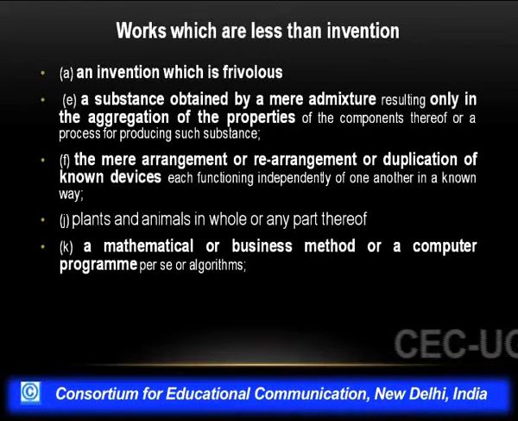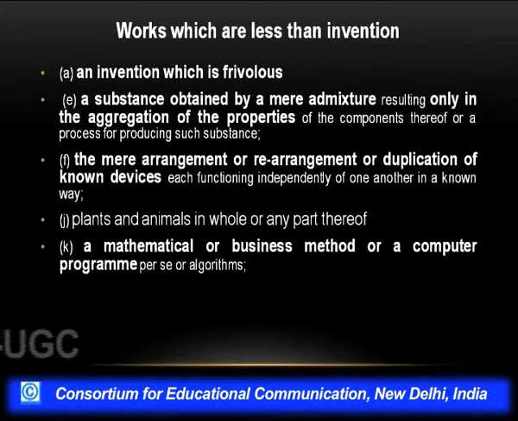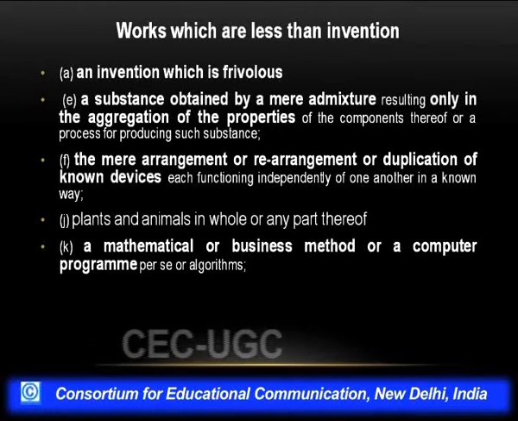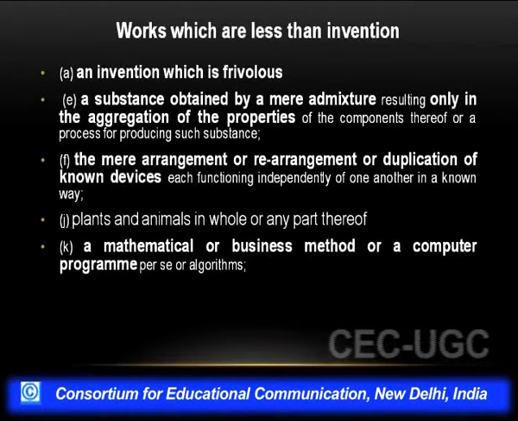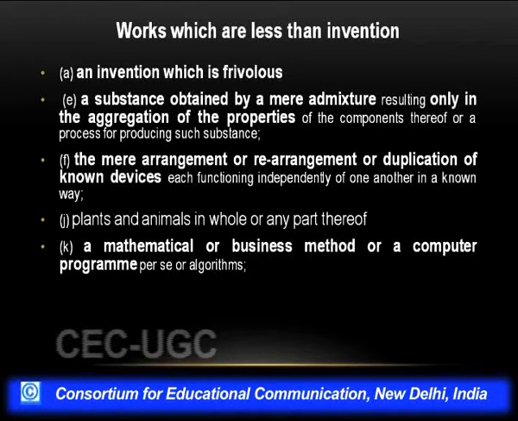So this clause excludes computer programs per se from patent protection, but by using the word per se, it seems that some sort of computer programming can be given patent protection, except that computer program which is a computer program per se. What do I mean? That the computer program which is exclusively a computer program, which is apparently a computer program, cannot be given a patent protection.